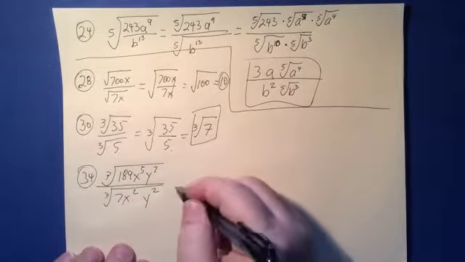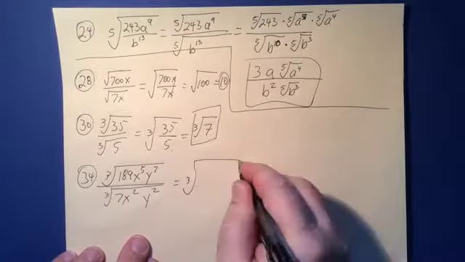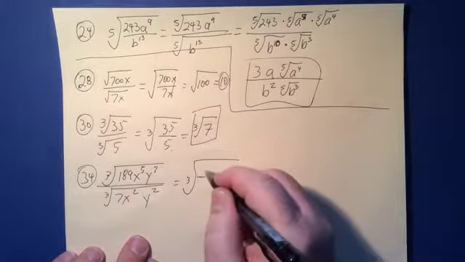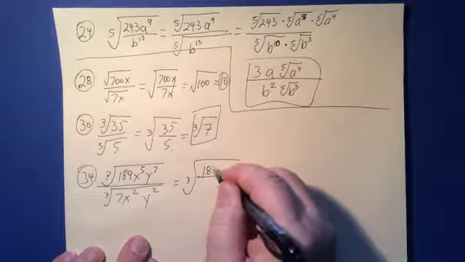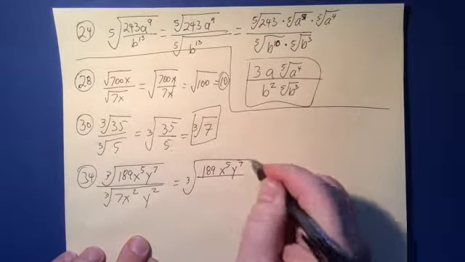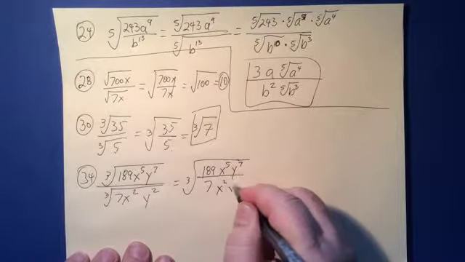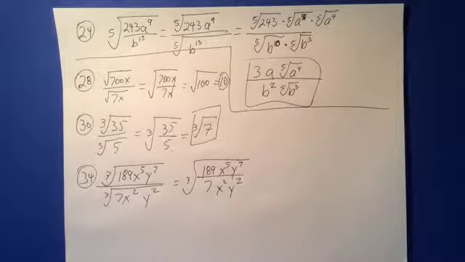So we're going to use a few rules here. First, we're going to combine these under one large radical. So it's going to be the cube root of the quantity of 189 x to the 5th y to the 7th divided by 7 x to the 2nd y to the 2nd.